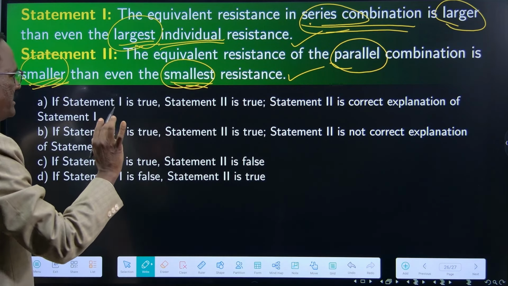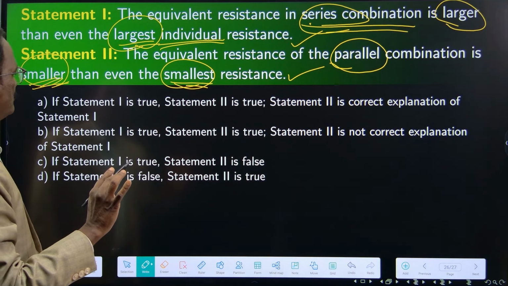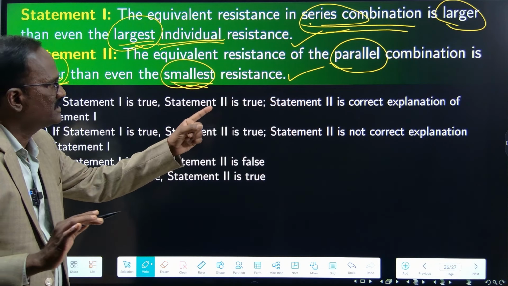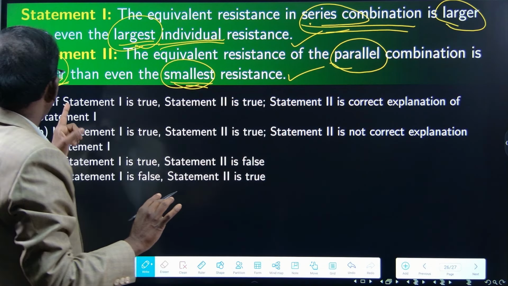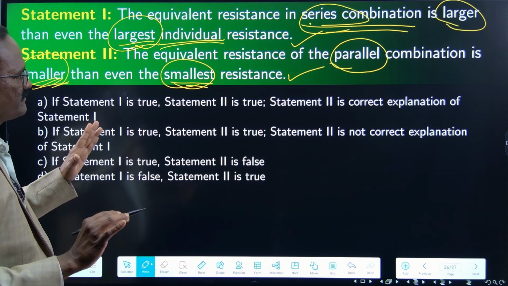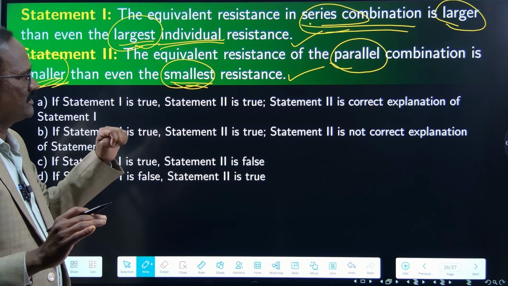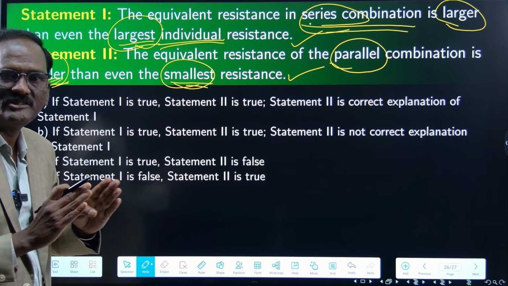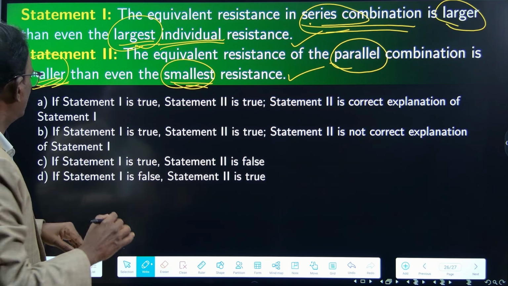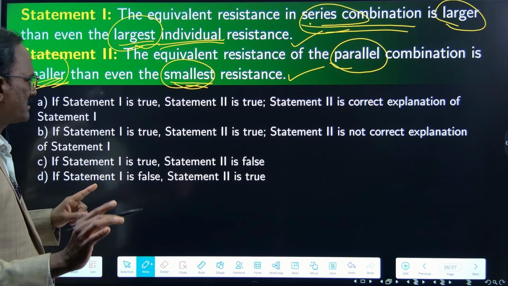If statement 1 is true, statement 2 is true, is statement 2 the correct explanation of statement 1? No. Statement 2 is not explaining it. Both the statements are independent. They don't have any connection. So this will not be the correct answer.